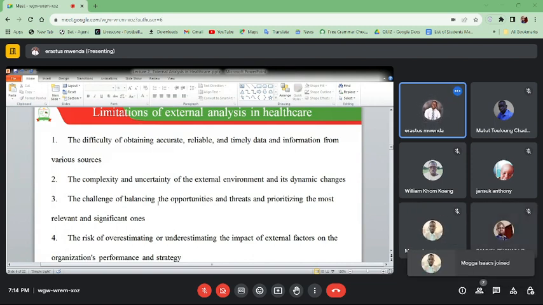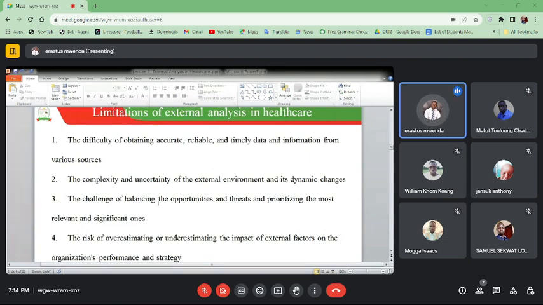And then also we have the challenge of overestimating or underestimating the impact of external factors on organizational performance. Sometimes we will look at the external factors, like I talked about technology, government, legal factors, and we underestimate maybe the impact of some threats that we saw. Maybe once we did external analysis in relation to our competitors, we underestimated what something they had implemented could do to us.